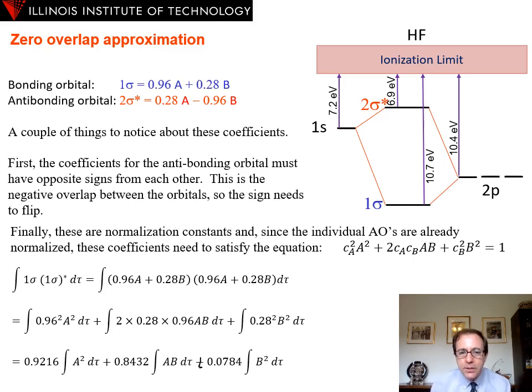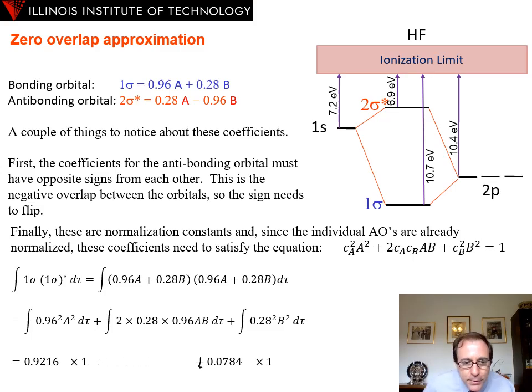And then that last term is 0.0784, that last coefficient, and again, we'll go through, and the a squared d tau is normalized to 1. The b squared d tau integral normalizes to 1, and the overlap integral is set to 0. And again, that middle part then just drops out.